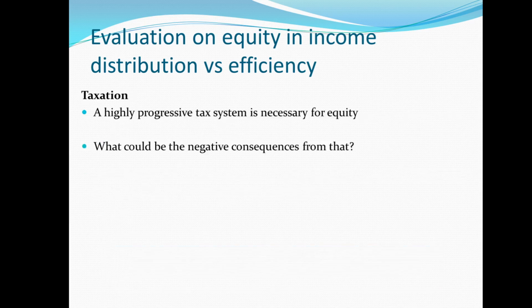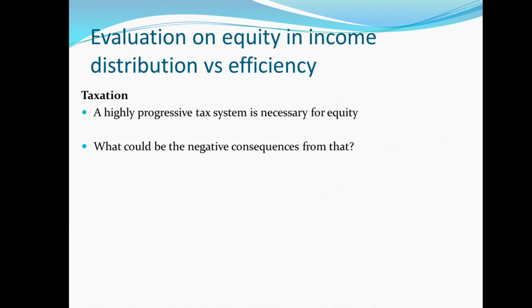What about this? We all know that progressive is more fair in terms of equity. But what could be the negative consequences if we are having a highly progressive tax system on the people?